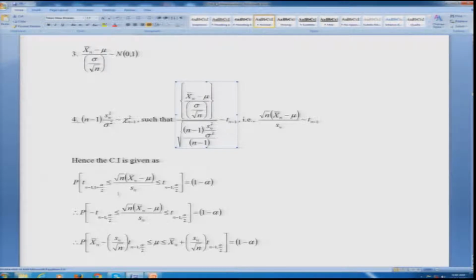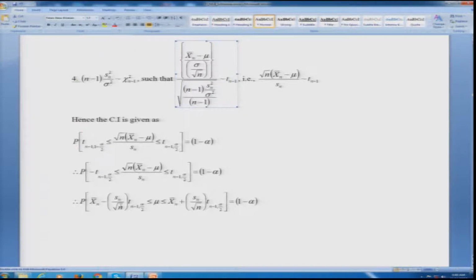So, if you do some very simple juggling, like taking the denominator, the numerator and cross multiplying, at the end of the day the result, which I am highlighting, is that the lower value would be x bar n minus S n divided by square root of n into t n minus 1 alpha by 2.